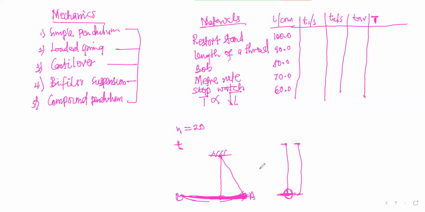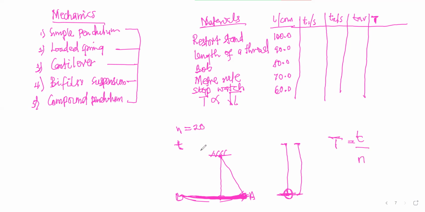So to prevent that, instead of counting it only once and making a mistake, let me count it for a number of times, here 20. I count and time it for 20. When I finish, my period is equal to the total time divided by the number of oscillations.